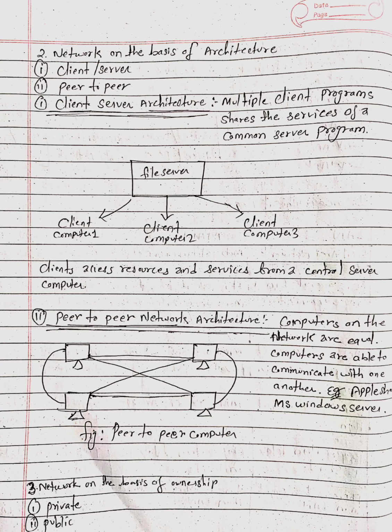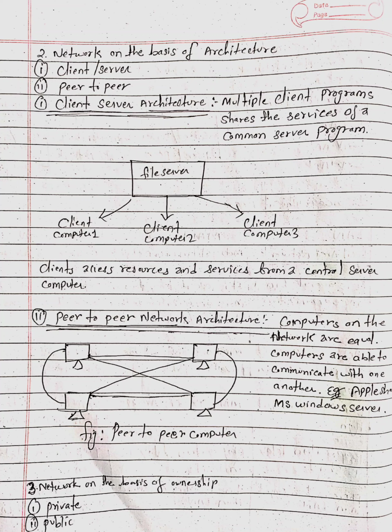In client-server architecture, clients access resources and services from a central server computer. Peer-to-peer network architecture: computers on the network are equal. Computers are able to communicate with one another. For example, Apple share, MS Windows server.